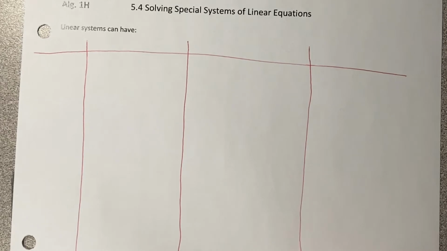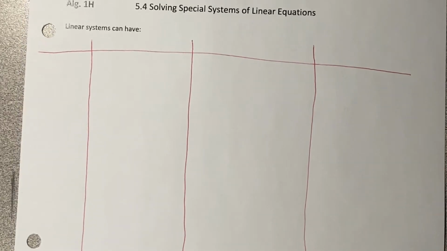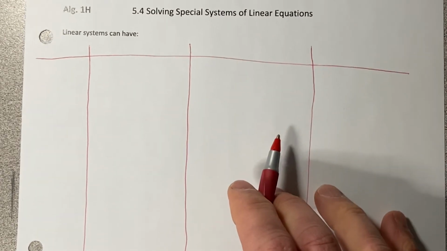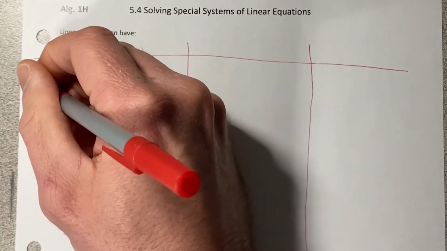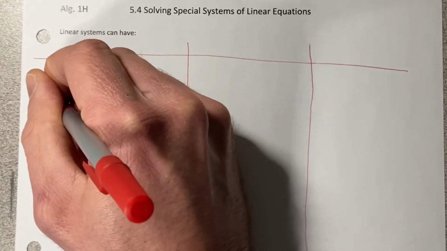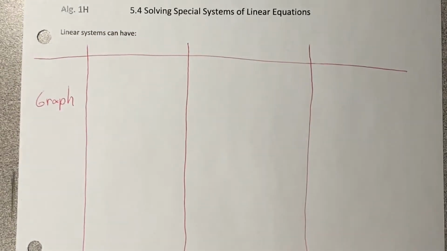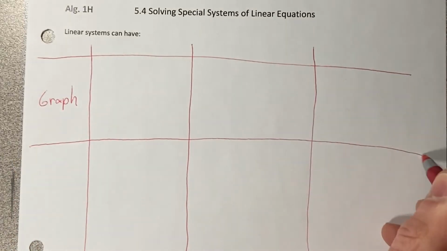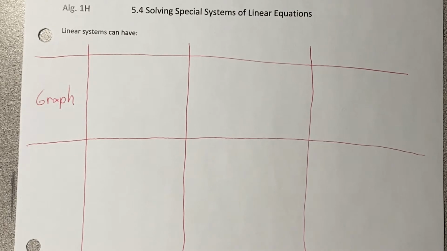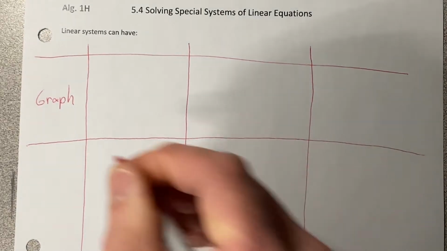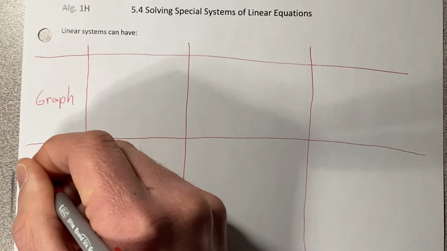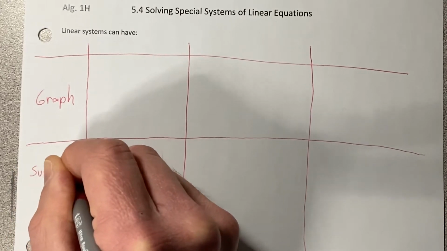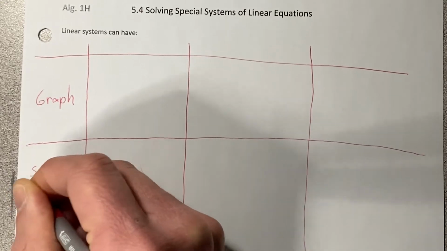What I want to examine is what these special cases look like when we try to solve them by graphing, and then also what these special cases look like when we are using algebra, so with substitution and elimination.